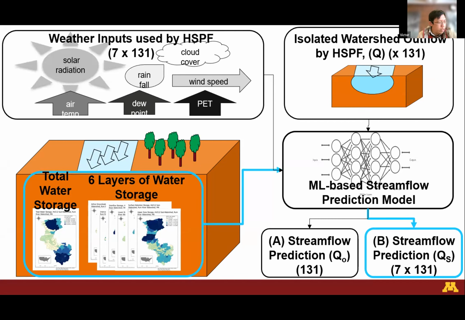The control group will simulate 131 stream flow predictions, and the experimental group will simulate 7 stream flow predictions of the 131 sub-watersheds within the boundary of the Rhone River watershed.